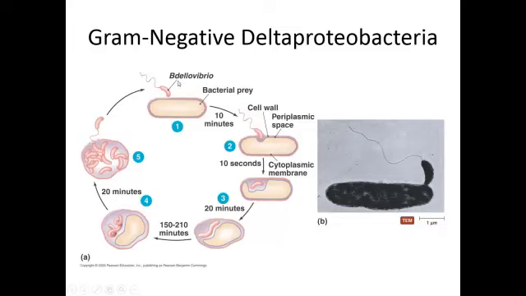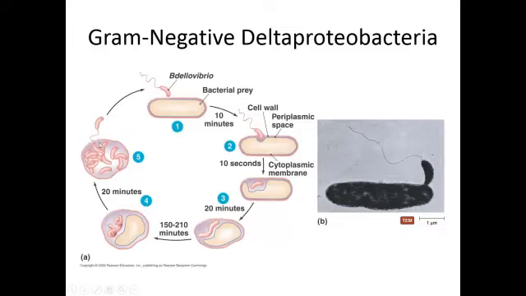We're going to talk about Bdellovibrio because it's fun. It preys upon other bacteria, and especially gram-negative bacteria, so they eat their cousins. They attach, like you can see in this micrograph, and they spin and drill their way into the periplasmic space between the cell wall and the cytoplasmic membrane, and then they get really, really long, unlike most bacteria that start dividing when they are twice as long as they used to be.